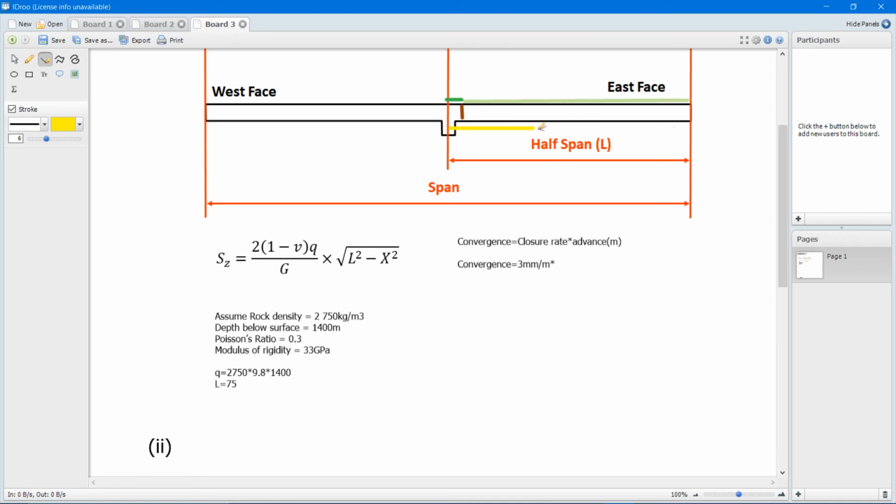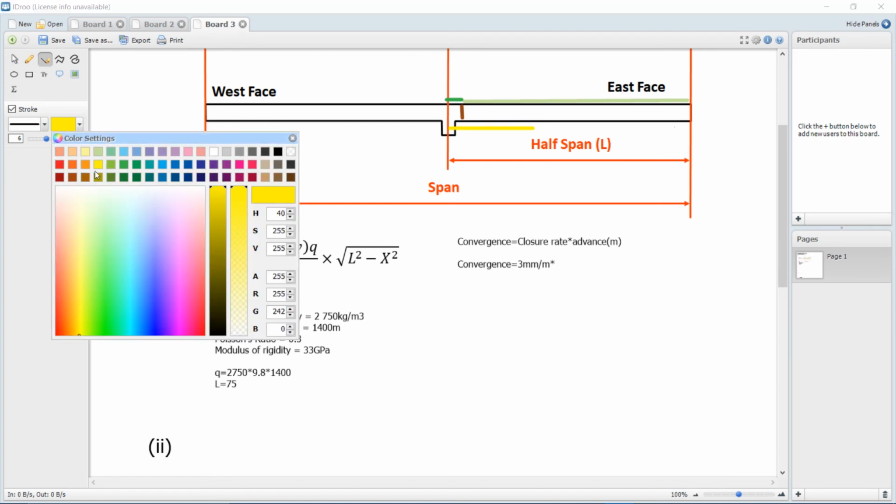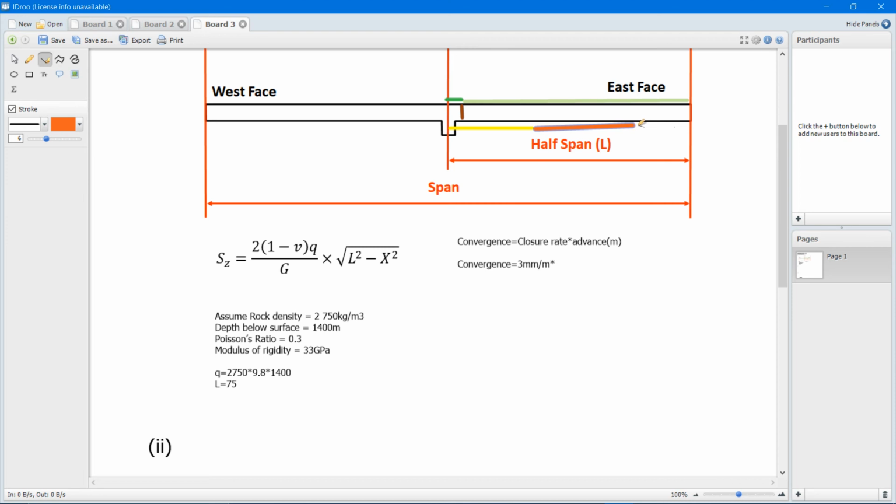Now, 75 minus 13.2 meters will give you the advance that it had moved since the last time we calculated, right? So 75 minus 13.2 is equal to 61.8. So we could label that right there.